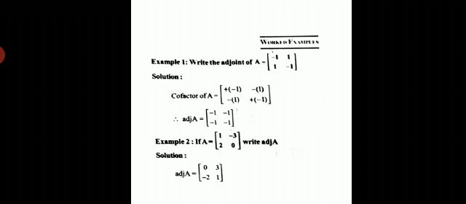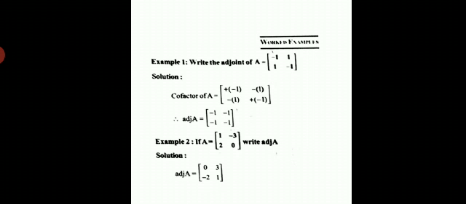First you put all the 4 signs, that is plus in the first element, minus in the second element, minus in the third element, plus in the fourth element. Then delete the first row and first column. You get the cofactor of the first element, that is minus 1.